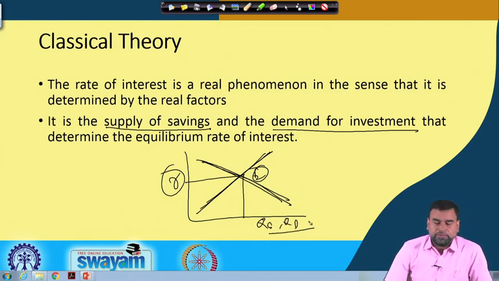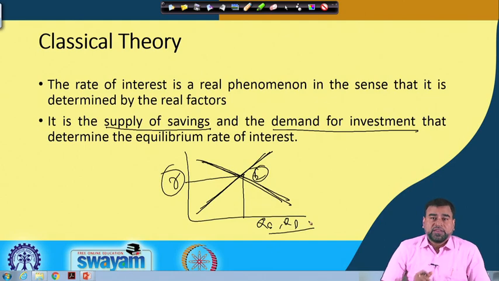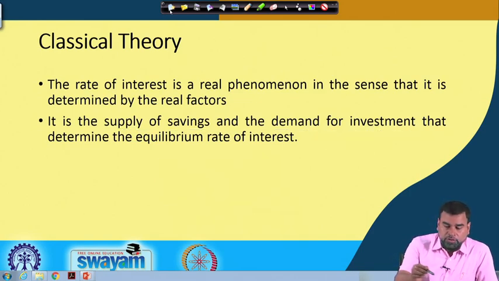Here, what these classical economists are trying to explain is what factors affect the supply of savings and what factors affect the demand for investment. Only then can your equilibrium be determined in the market.